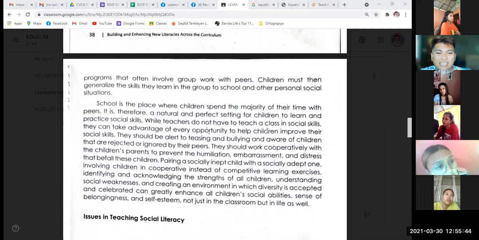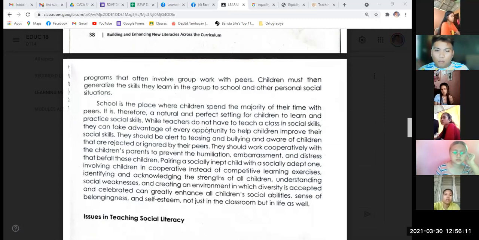Gagawin ko ba o hindi? Laging frantic, laging doubting. Indecisive. Yeah, indecisive. Definitely most of their childhood life, they are being pampered. Na nung wala na yung mga magulang nila para mag-guide sa kanila o mag-cheer sa kanila, hindi na siya makagalaw mag-isa. Okay?